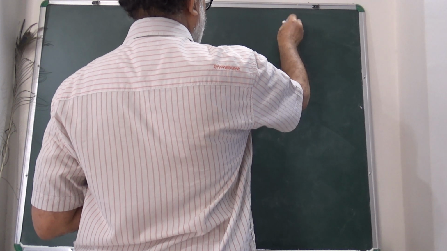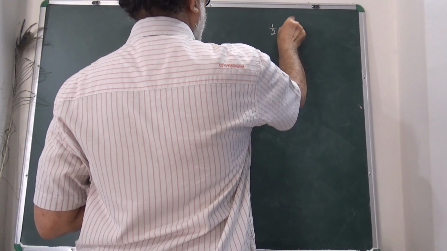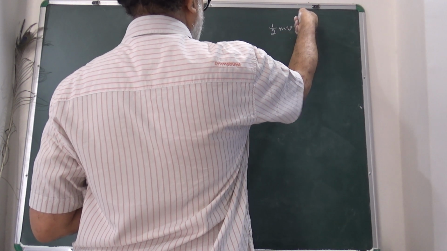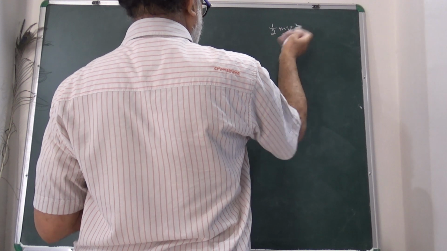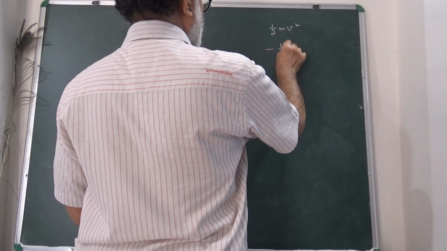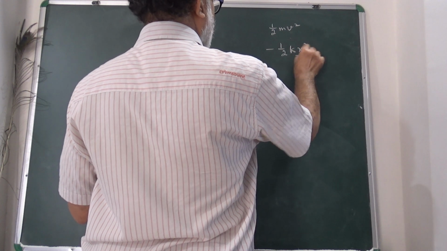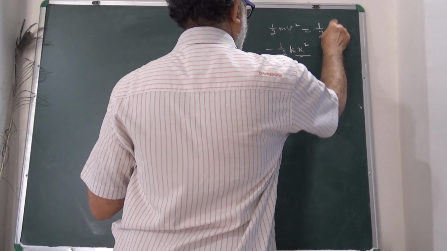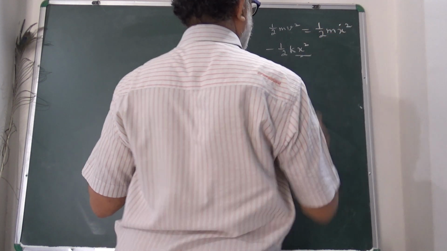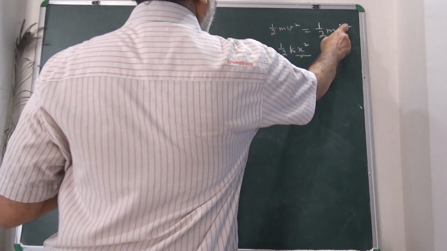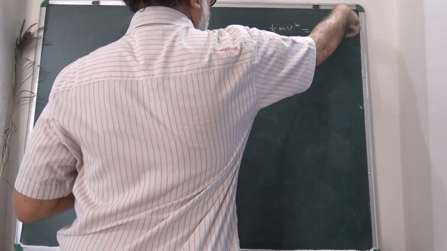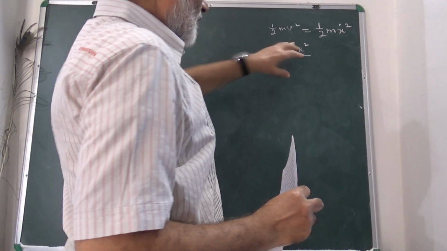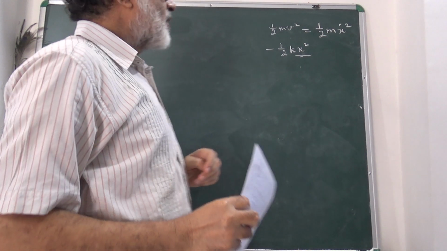Kinetic energy is half m v square, the variation of position with time, squared. The potential energy, in the case of a spring, is half k x square. So the kinetic energy depends on the variation of the position with time, and the potential energy depends upon the square of the position.